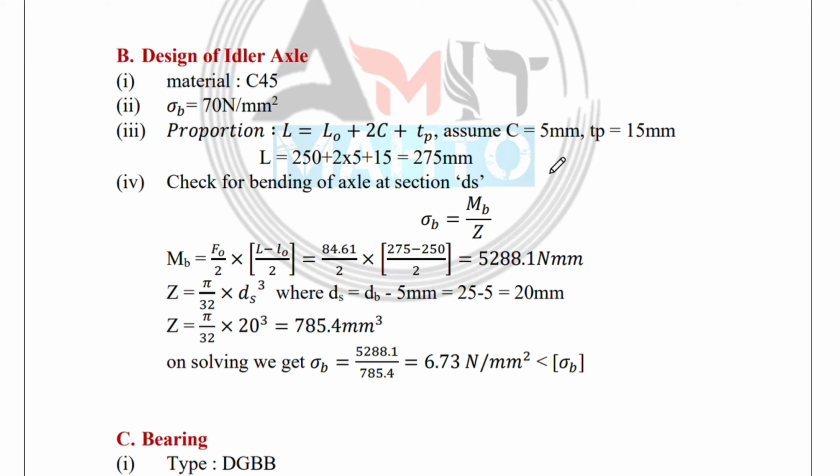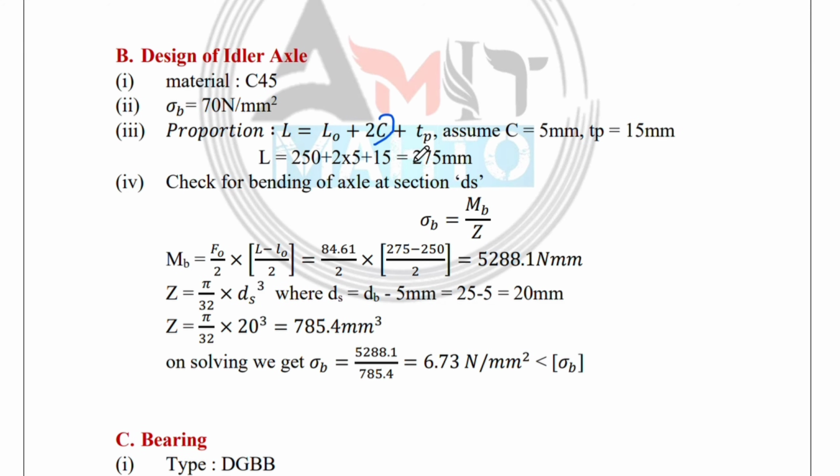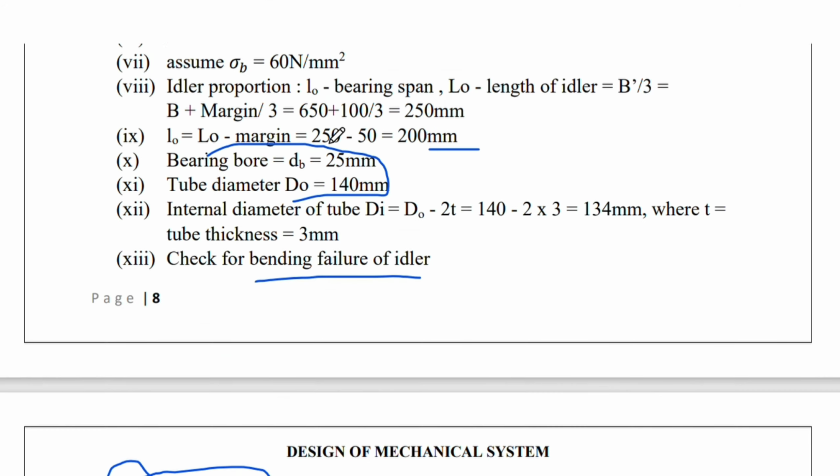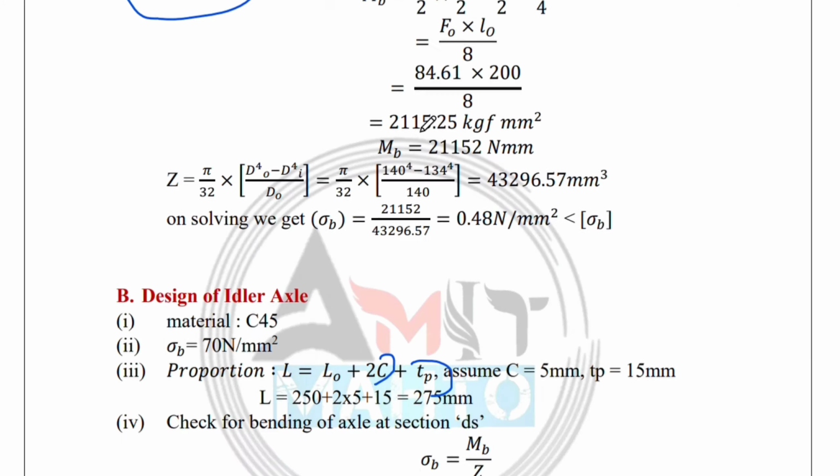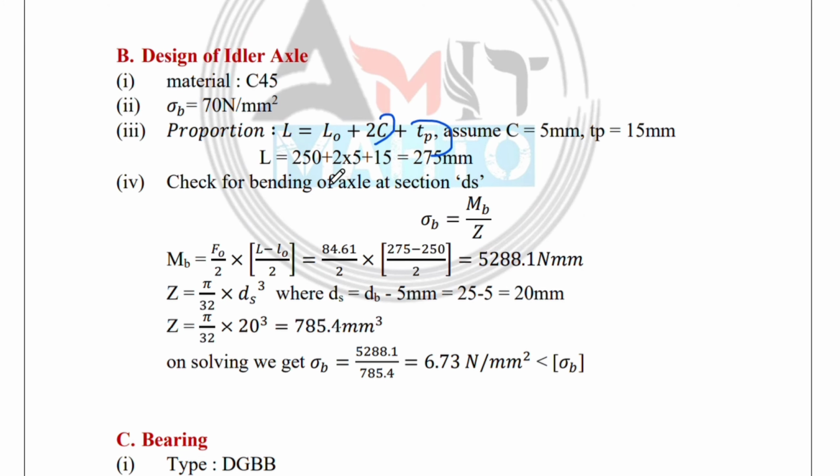Here we assume C as 5 mm and Tp as 15 mm. Both values we have to assume, and capital Lo we found as the length of idler, which is 250 mm. So 250 plus 2 into 5 plus 15 will be 275 mm.